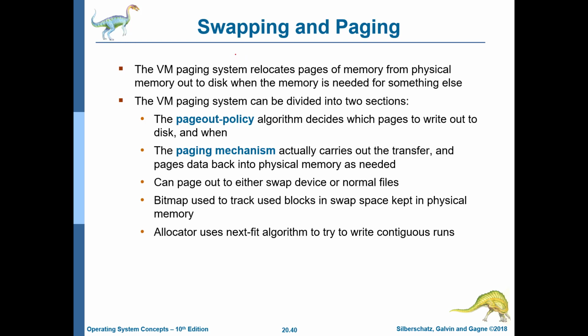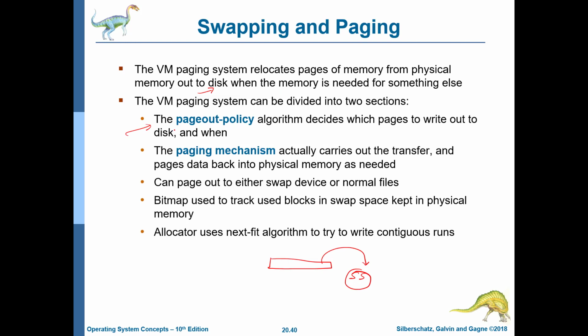So coming to swapping and paging, the VM paging system will essentially relocate pages of memory from the physical memory to the disk when of course the memory is needed for something else and we do not have adequate space. So that is when, as we have studied earlier, frames go from memory into the swap space.